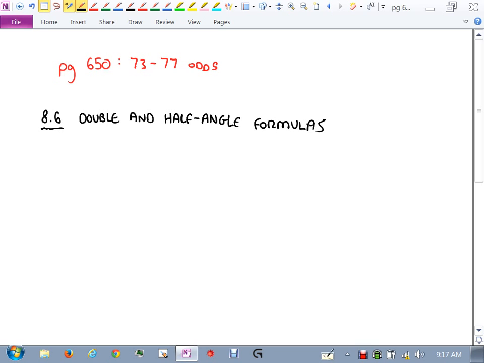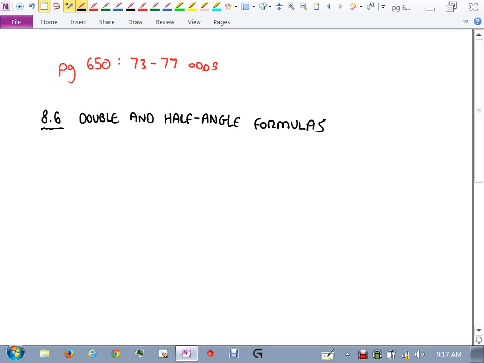These formulas should also be on your sheet. Can I see that sheet real quick? Double angle is up here on the right side, right below the unit circle. Half angle identities, I do not believe are on here. Let me see. No, okay, hold on.